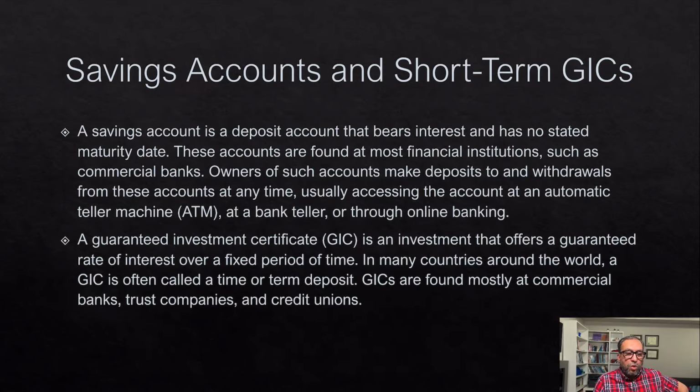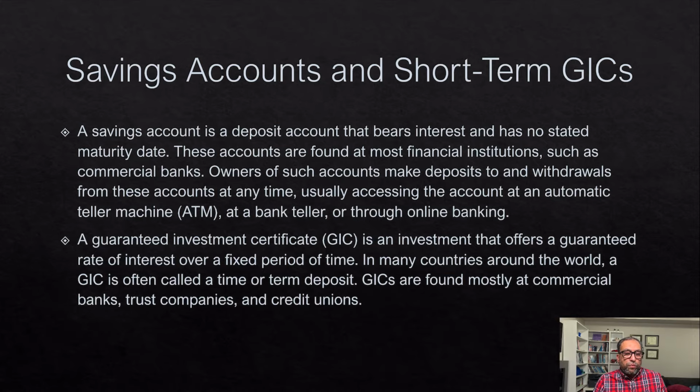Now the banks also have different types of accounts, and almost all of us have an account with a bank. The most common account that banks hold for the general public is savings accounts. A savings account is a deposit that bears interest and has no stated maturity date. There is no expiry. You deposit it and you can keep it as long as you want.